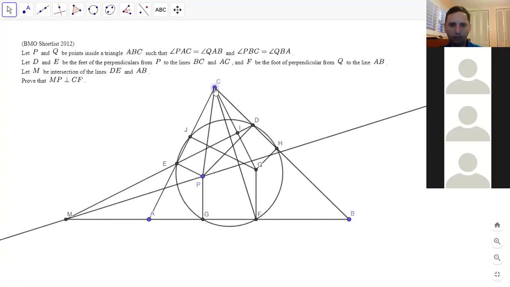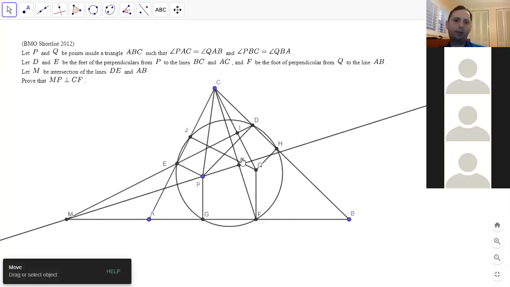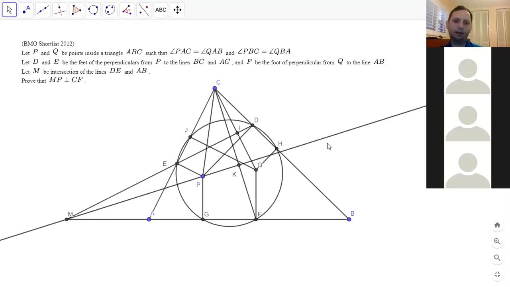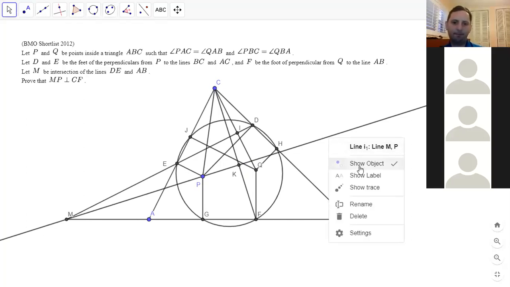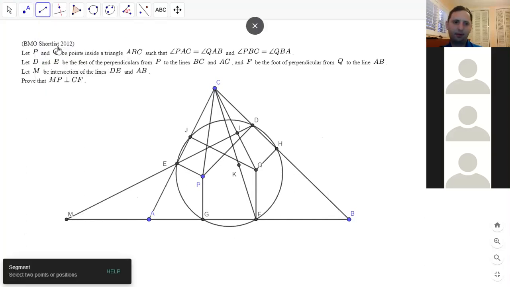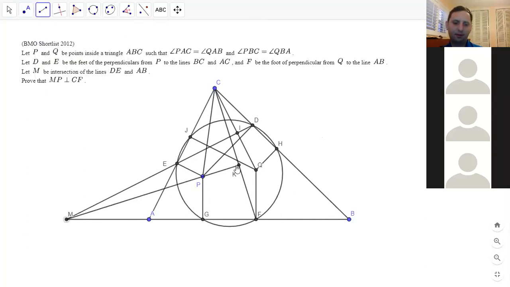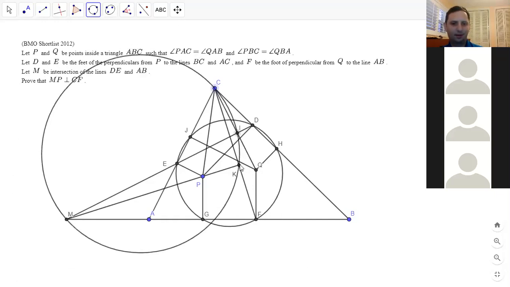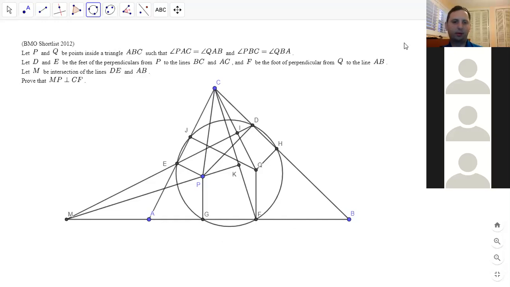No. But basically, if we let K be the intersection, then we're saying MKIC is cyclic, right? So maybe we could prove it that way.